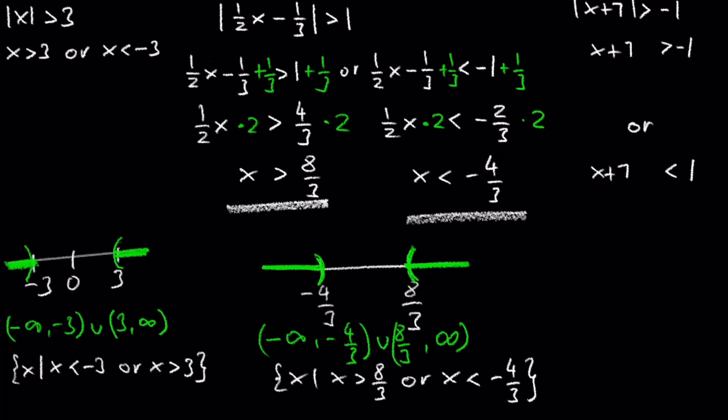Subtracting 7 on both sides leads us to x is greater than negative 8. Also here, subtracting 7 on both sides leads us to x is less than negative 6.